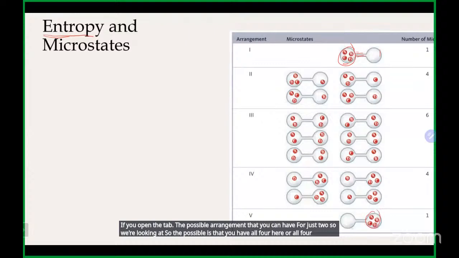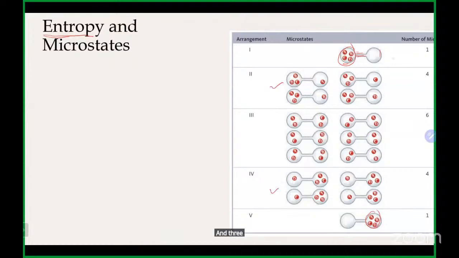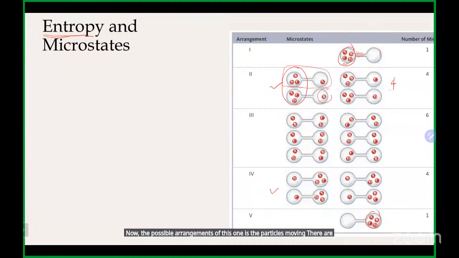That's one possibility. Another possibility is that they are split into 3 and 1, so 3 in this box and 1 in the other box. There are 4 ways in which this can be arranged.